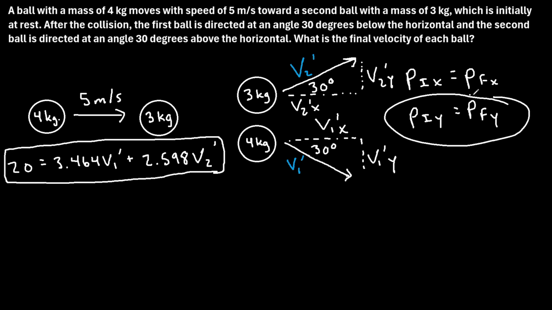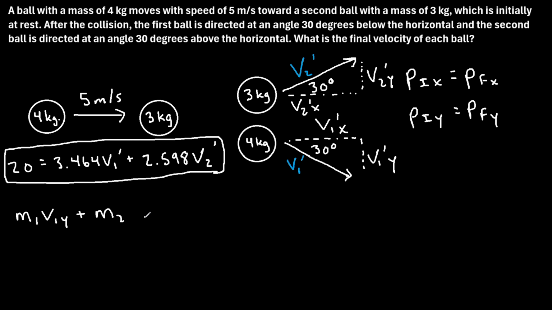We're going to set this up similar to the momentum in the x direction. The initial momentum in the y direction is mass 1 times the initial velocity in the y direction, plus the mass of the second ball times its velocity in the y direction. And that must be equal to the final momentum in the y direction, so mass 1 times the final velocity in the y direction, plus mass 2 times its final velocity in the y direction.